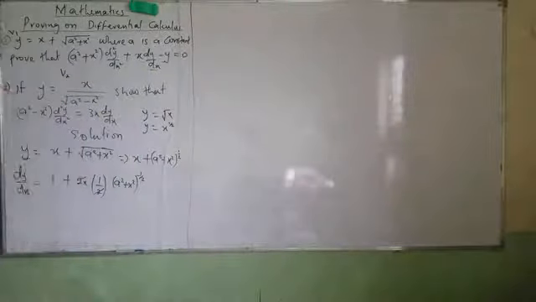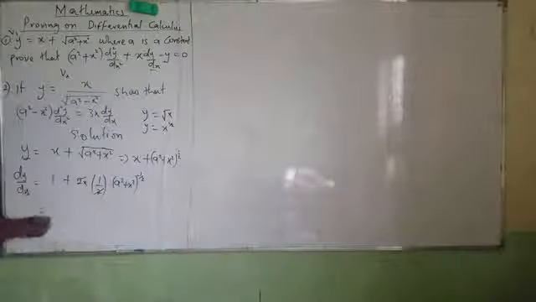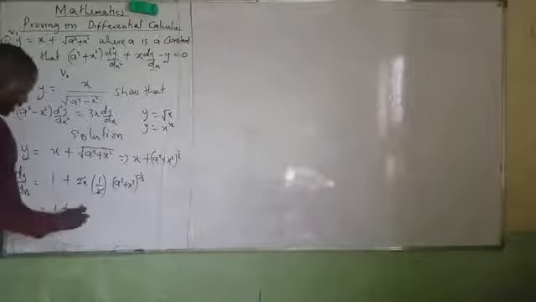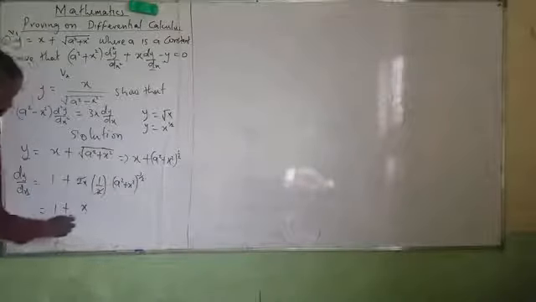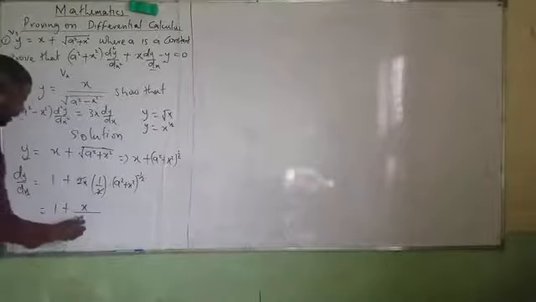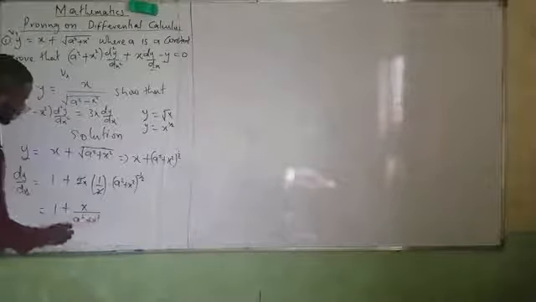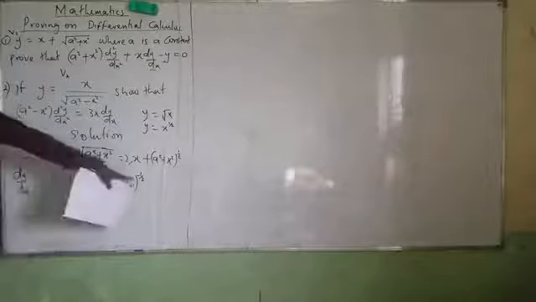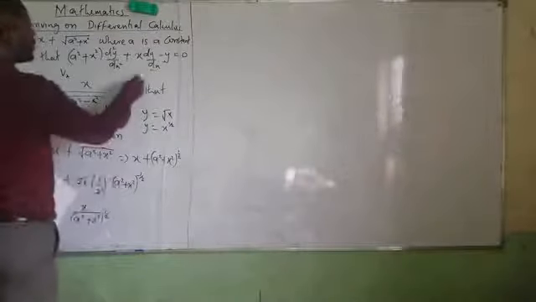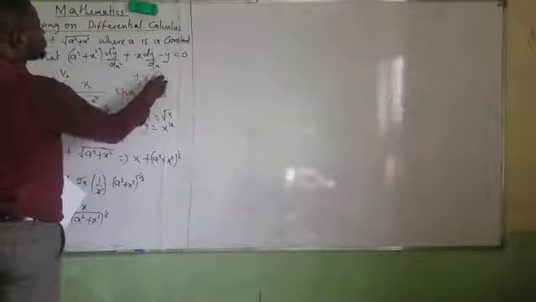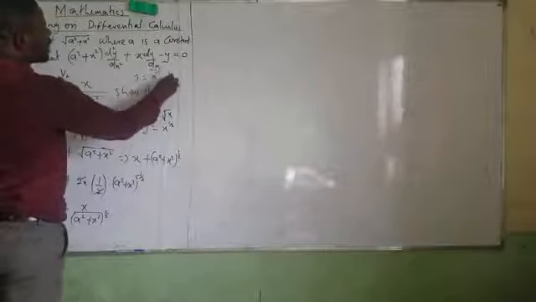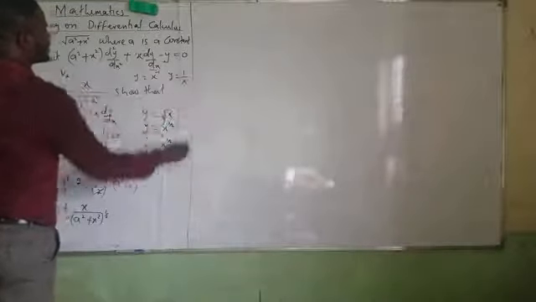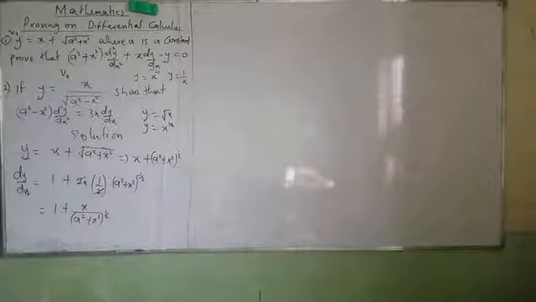Now, what I need to do is that I'll be having 1 plus x, divided by (a squared plus x squared) to the power of 1 over 2, because of the minus here. We're told that y equals x to the power minus 1, the same thing as y equals 1 over x, which is called the inverse.